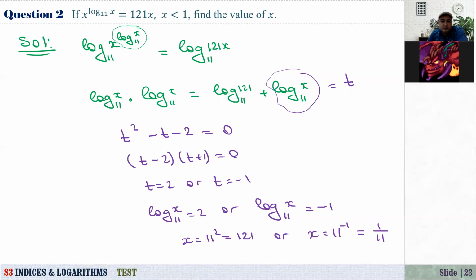Logarithm of 121 to the base 11 is equal to 2, plus log x, 2 minus 1. Okay, so I think maybe the question is wrong, because if x is less than 1, we don't have any negative answer here.